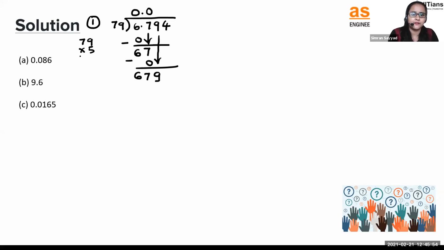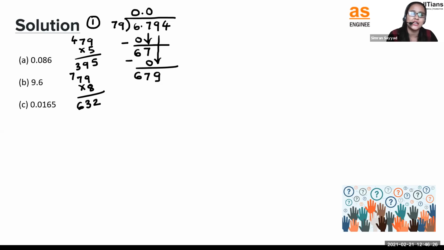Let's multiply it by 5 and check. 9 5s are 45, 7 5s are 35, 35 and 4, 39. No, it is way smaller than this. Let's go for 8. 9 8s are 72, then 8 7s are 56. 56 and 7, that is 63.